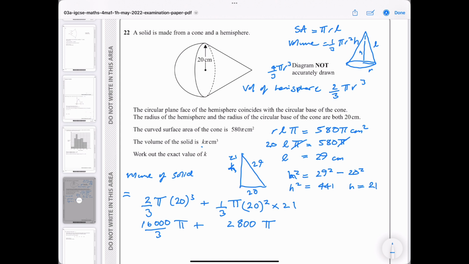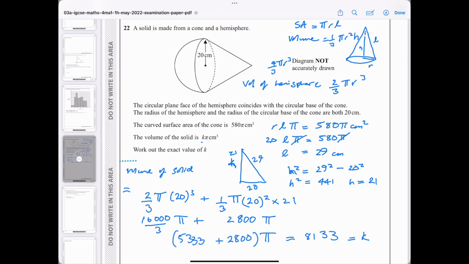So I'm actually going to have to divide 16,000 by 3, so that's 533, and we'll just leave that, plus 2,800 times pi, which equals 8,133, equals K. One should just leave it like this.